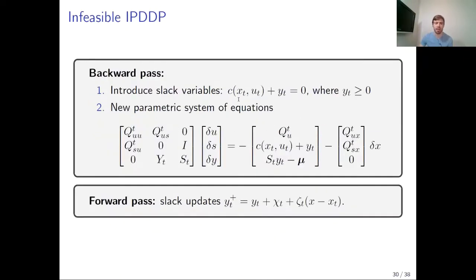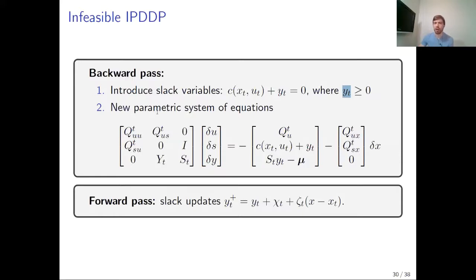So let's consider the modification we have to make. This is usually done by introducing slack variables. So now inequality constraints are equality constraints with new variable y, and the variable y should be positive. So these are slack variables.